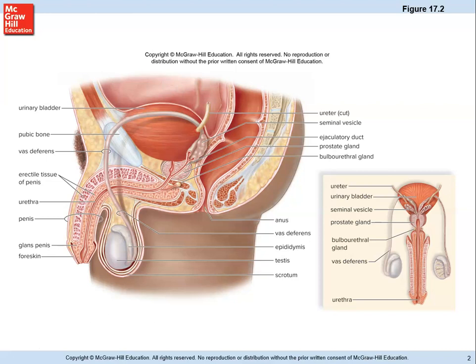And it would, but the answer to that is the testicles were actually up in the abdominal cavity before the baby was born. And at or shortly after or around birth, typically the testes will descend. So they'll find a place, there's a little canal in the abdominal wall that they can squeeze through and then descend down into the scrotum to get out of the hot body cavity and be able to properly function out in the scrotum.